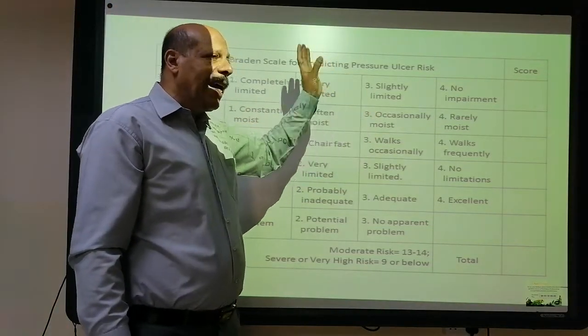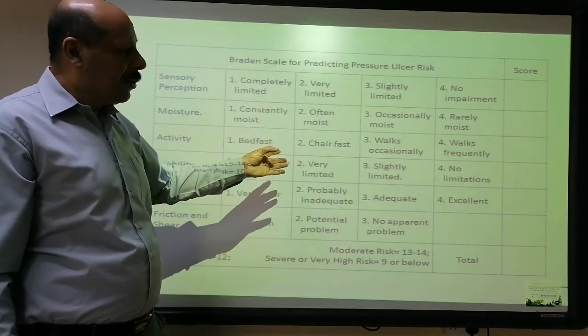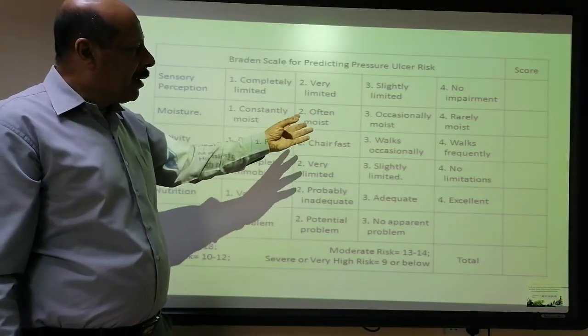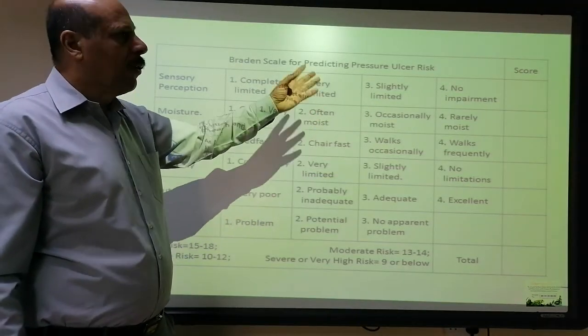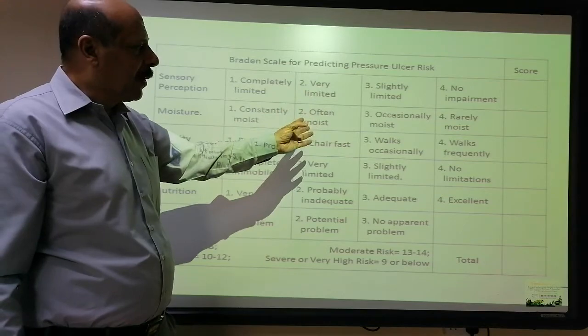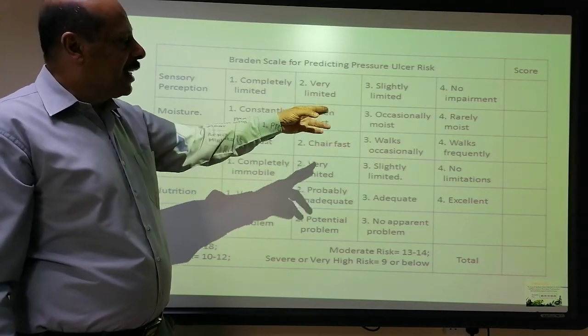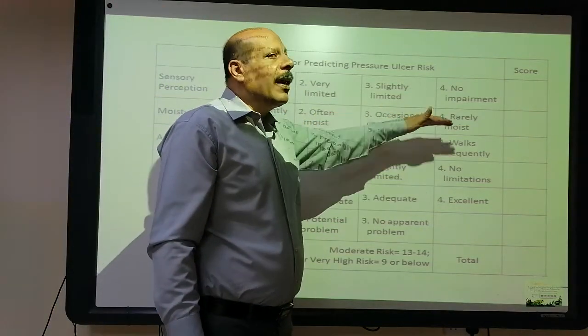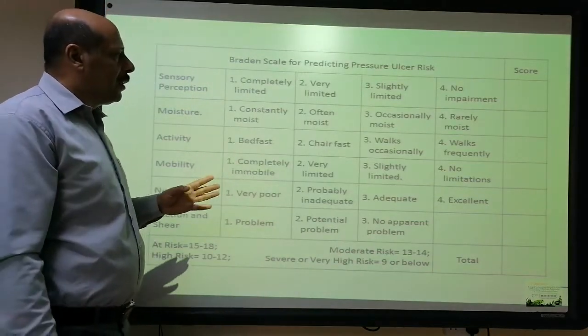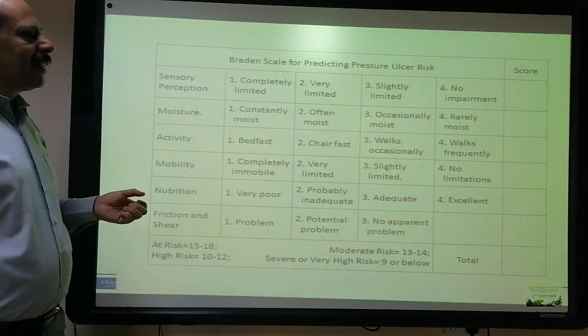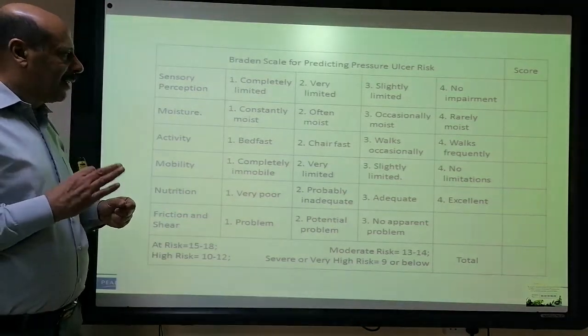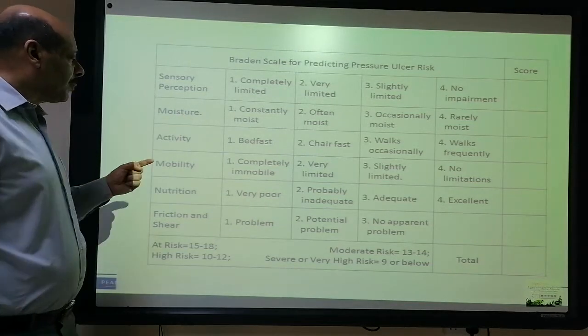If he is occasionally moist, so maybe once within the day he becomes moist, in this case he will get 3. If he rarely becomes moist, always his body is dry and clean, in this case he will get 4.